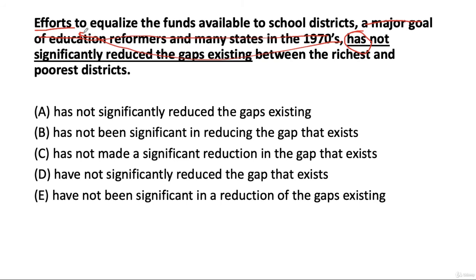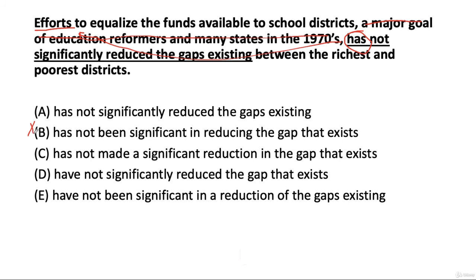Our sentence becomes efforts to equalize the funds available to school districts have not. When we are talking about efforts, we realize that efforts are plural. Hence, we need have here.